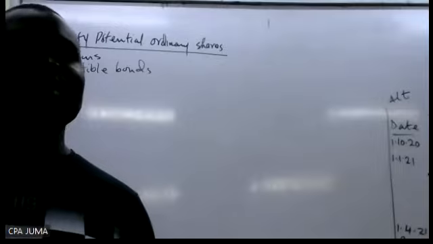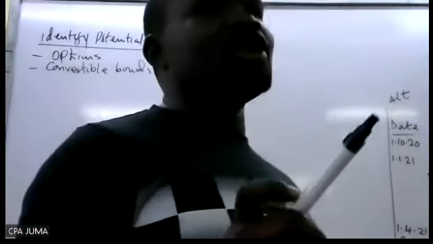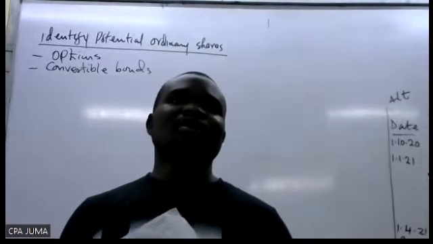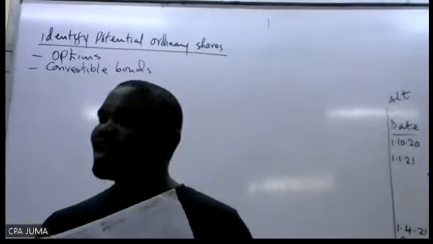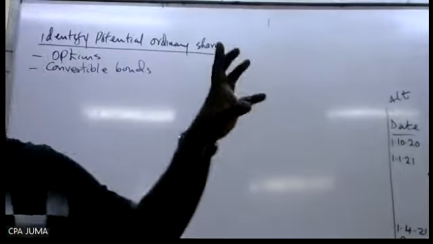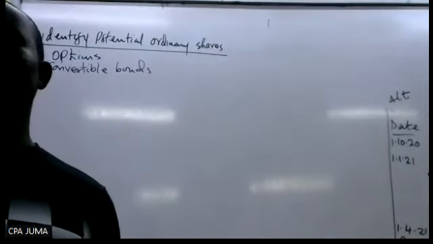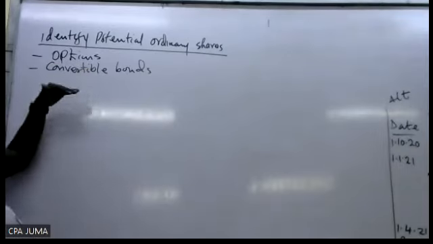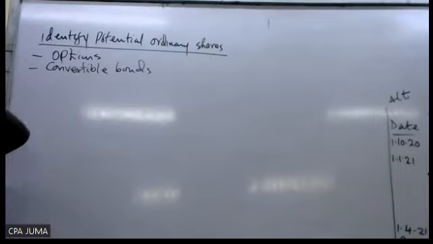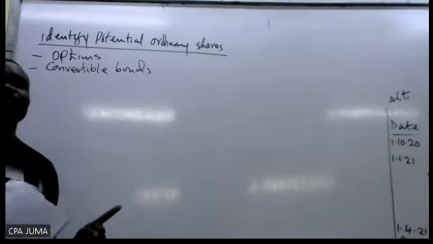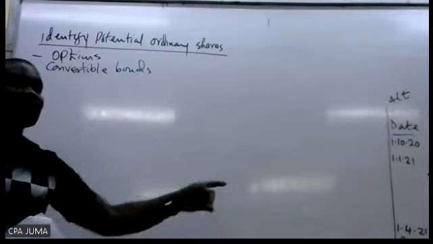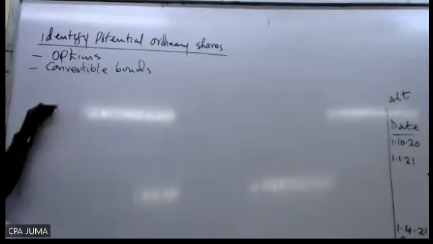Will they be converted? For them to be potential, it must have that clause convertible. There must be that attachment. Convertible. So options. So can we go to the steps? We wrote steps for determining diluted. Step 1 is to determine the basic. Yes, already we have the basic. So go to step 2.